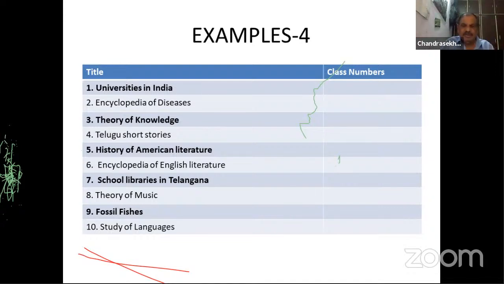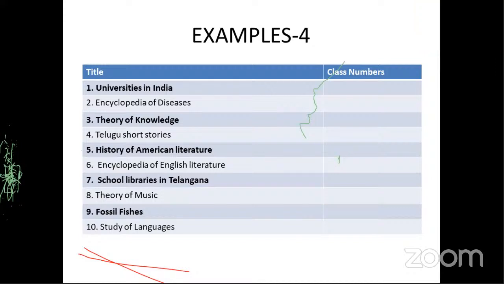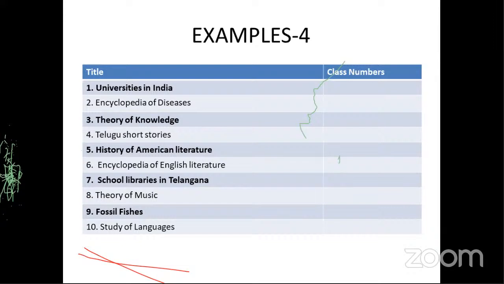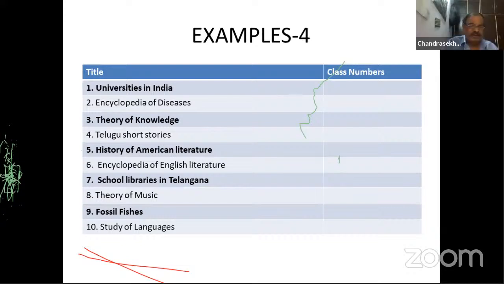Subdivisions of 37 in the third summary. 371 is schools and their activities. 372 is primary education. 373 is secondary education. 374 is adult education. 375 is curriculum. 378 is higher education.